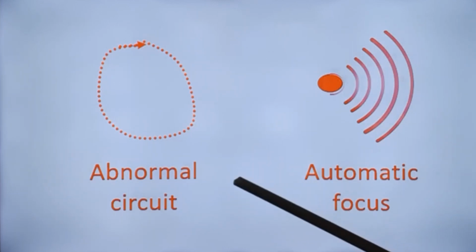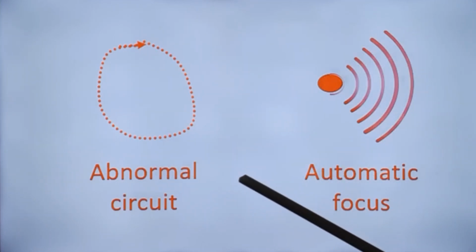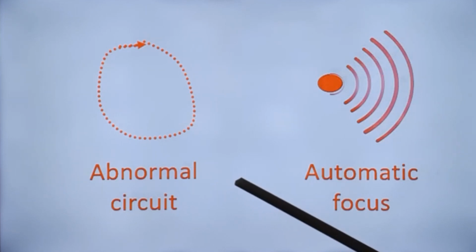So that is the commonest mechanism for atrial flutter. But more commonly, we see this re-entrant tachycardia is either AV nodal re-entrant tachycardia or atrioventricular re-entrant tachycardia.